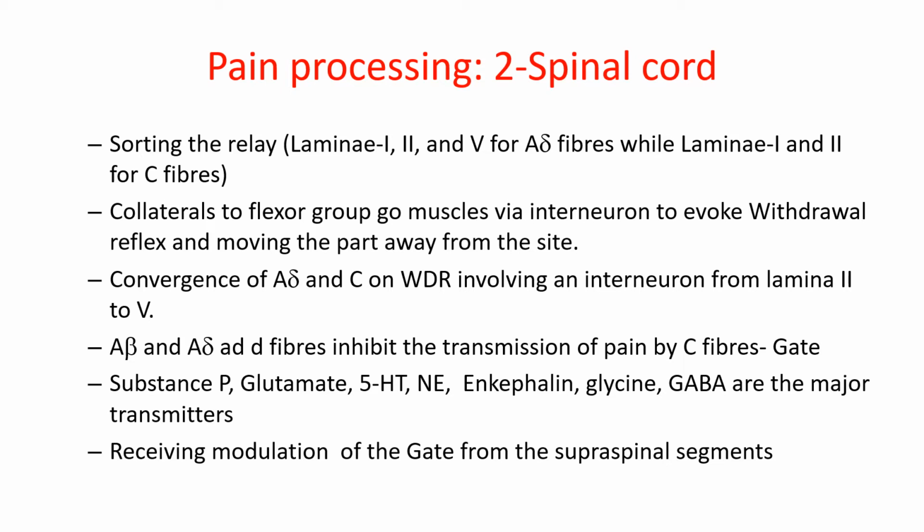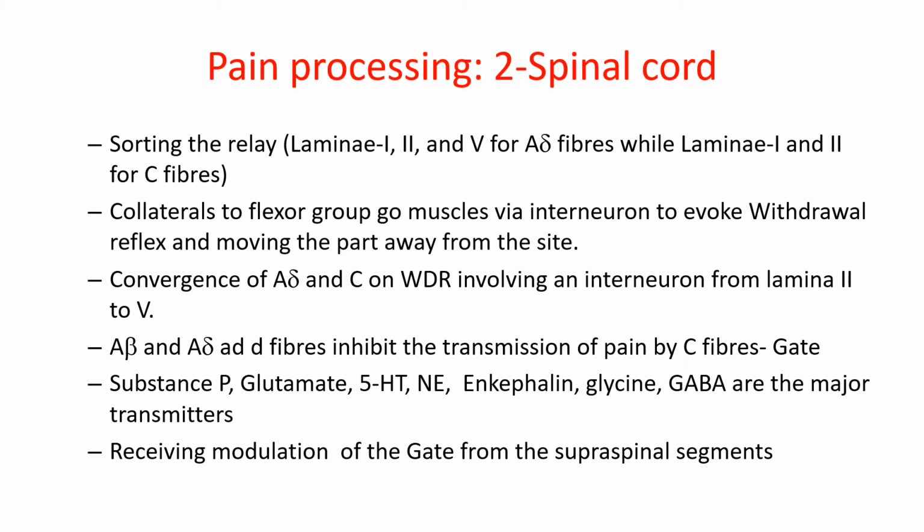A delta fibers relay in lamina 1, 2 and 5. The C fibers are relayed in 1 and 2. In layer 5, there is a projecting neuron, what is called a wide dynamic range neuron. And this wide dynamic range neuron will receive input from A delta fibers.